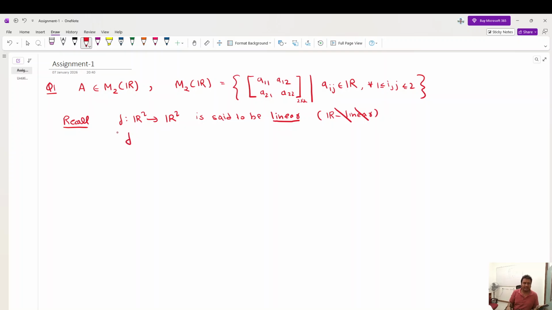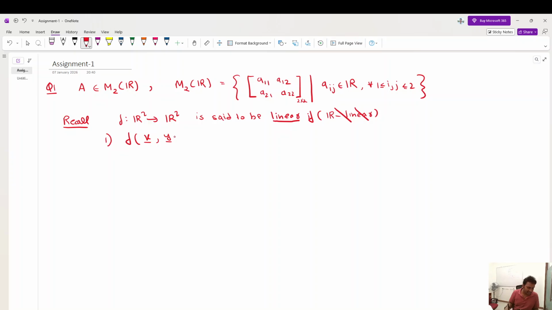You should have two things. Number one, if you take any two points or any two vectors in R2, x bar, y bar, this is the notation we are following, so I will stick to that. I may ignore these bars, so forgive me for that.